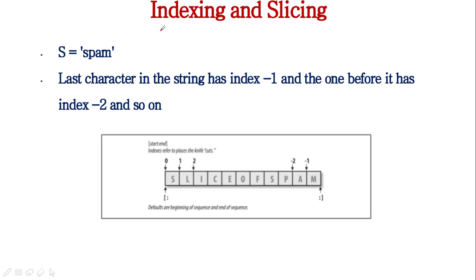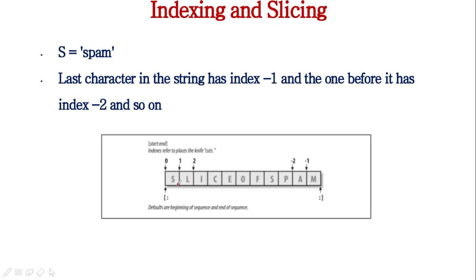Next important thing that we have to know in all the types of sequences is indexing and slicing. This indexing and slicing is common for all the sequences we are seeing here: strings, list as well as tuples. So let us consider this particular string, slice of spam. If this is a string, then the indexing will be like this, okay? Indexing refers to the position of the characters in the string.